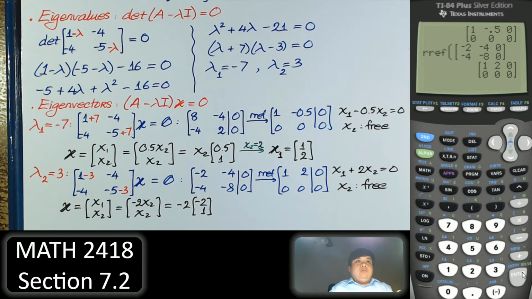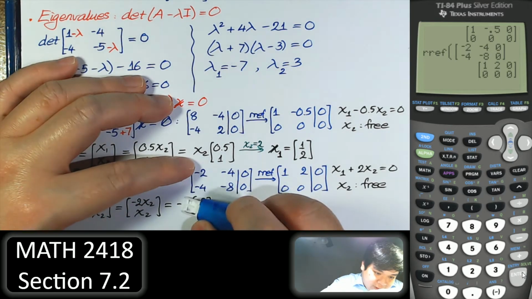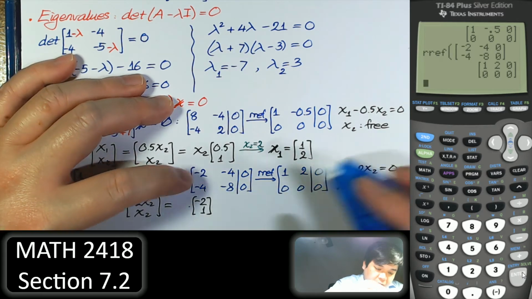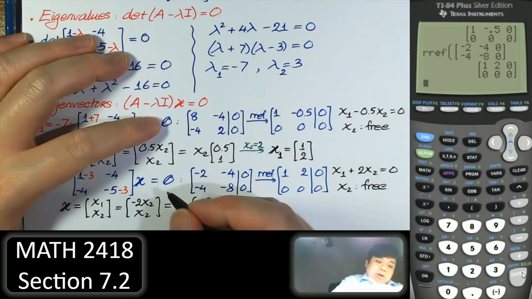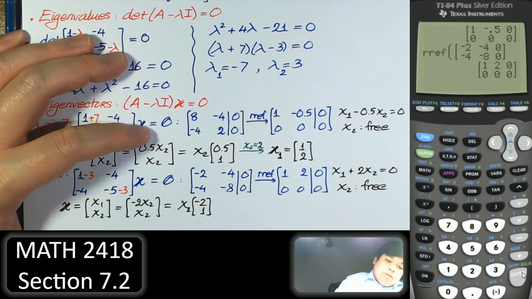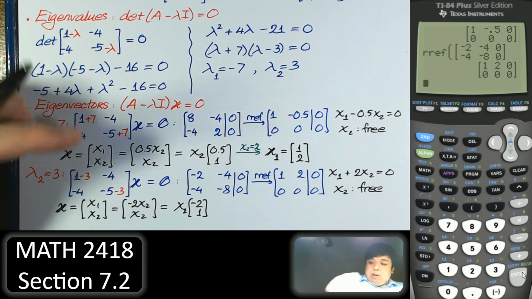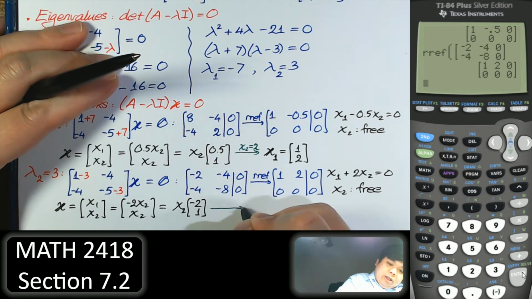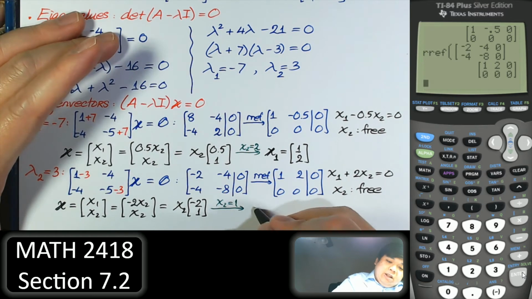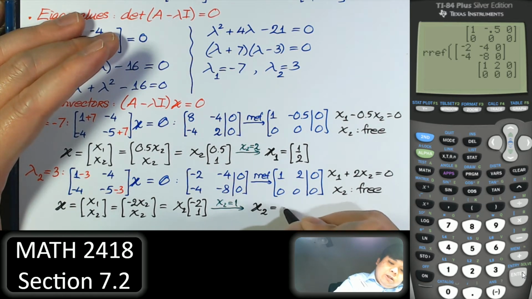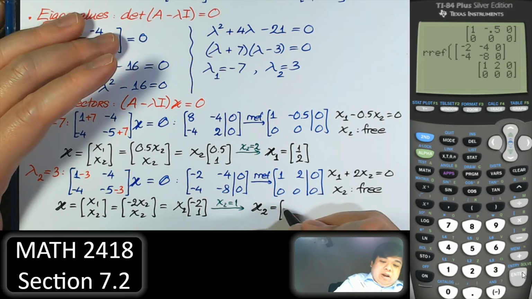So factor out x2, and that's what we have. Now we choose x2 to be just 1. So we have the eigenvector negative 2 and 1.